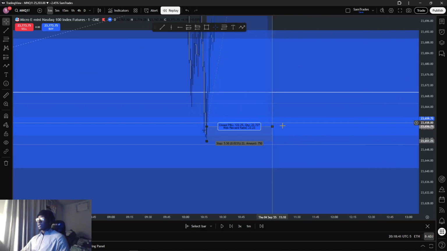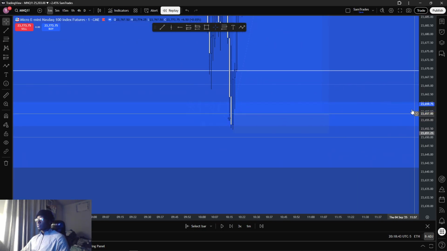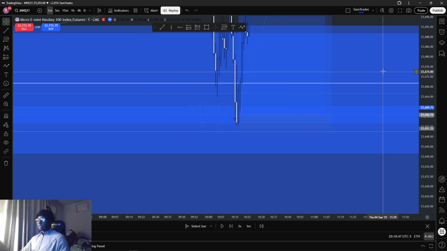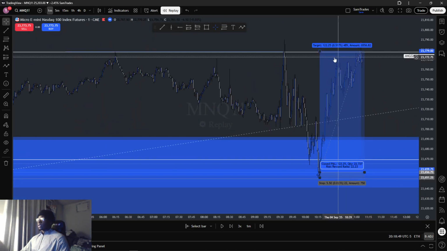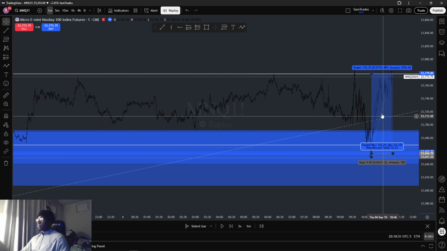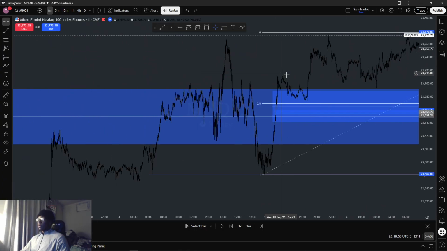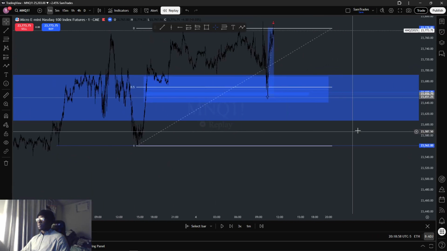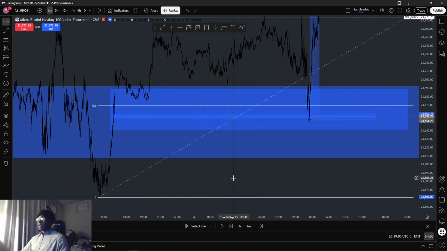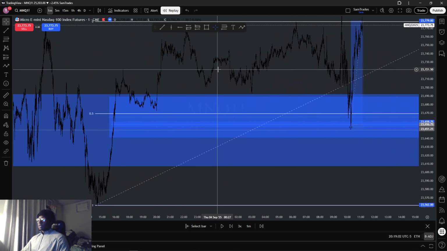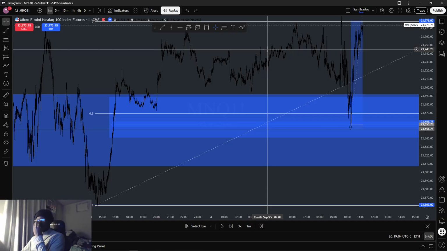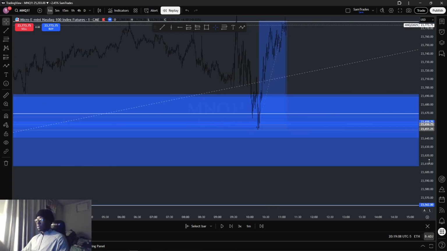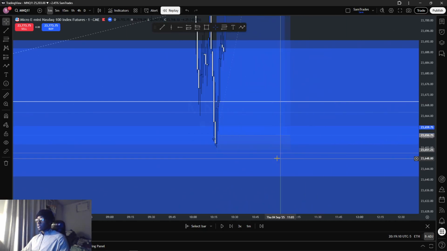So I set the limit, 5-point stop loss, targeted buy side, and that's basically it. I just learned a lot from today that I could use so many things to put my trade in and for it to work.